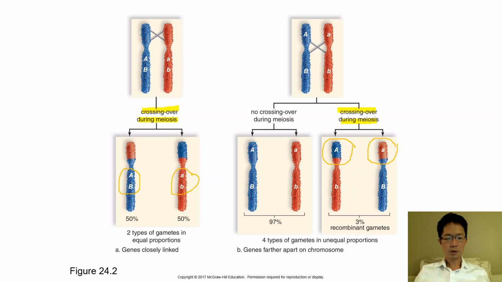Oh, sorry, no. It should be the opposite. Gene A will stay in the chromosome, but gene B is the one that goes through the crossover. What it means is that because gene A and gene B are farther away, when there's a crossover, one gene will move to the other chromosome, but gene A will stay.